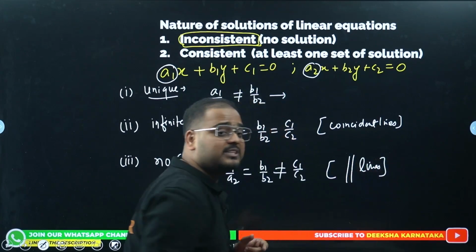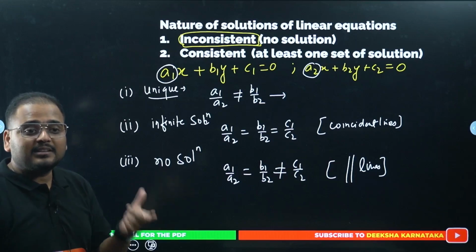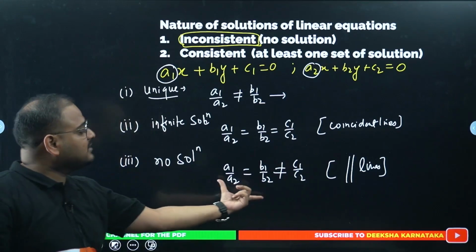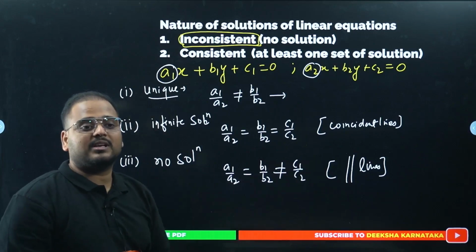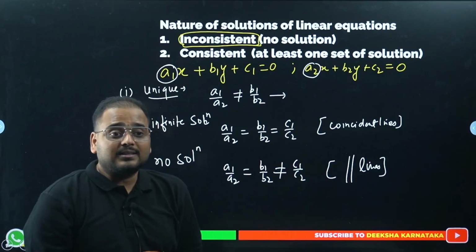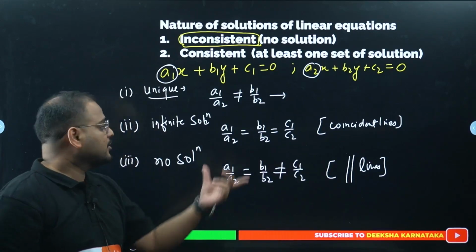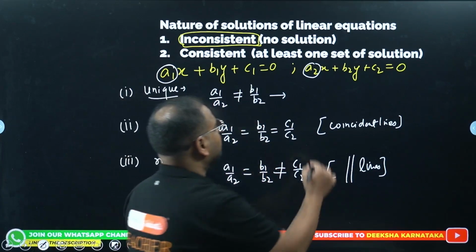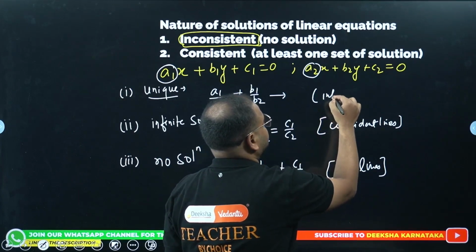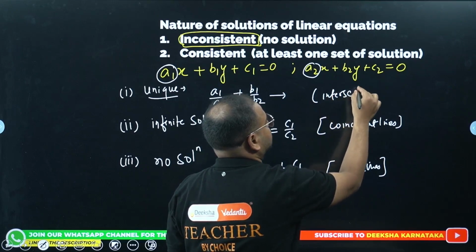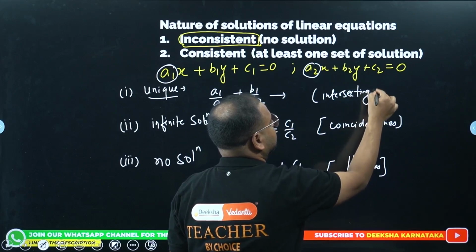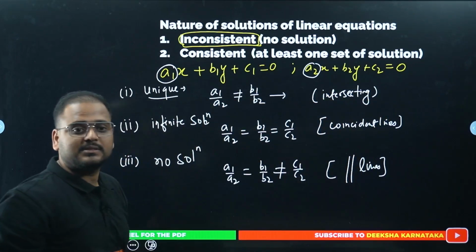lines. So sometimes they ask you in the question, are the two given lines parallel? If they are asking that, simply check this out. If this is true, then yes, they are parallel. Are the lines given here intersecting? Check the first statement. If that is true, then intersecting.